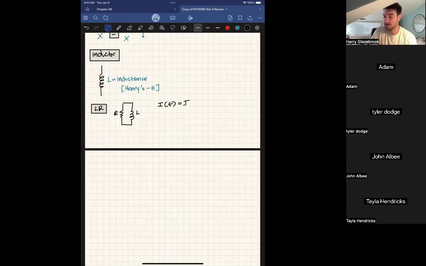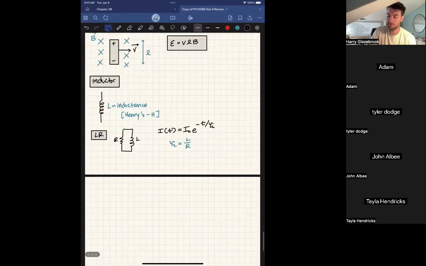You'll have some initial current, and then it'll discharge as e to the negative t over tau L, where this tau L is L over R. So as you can see, very similar to an RC circuit, but now we have inductors here instead of capacitors.